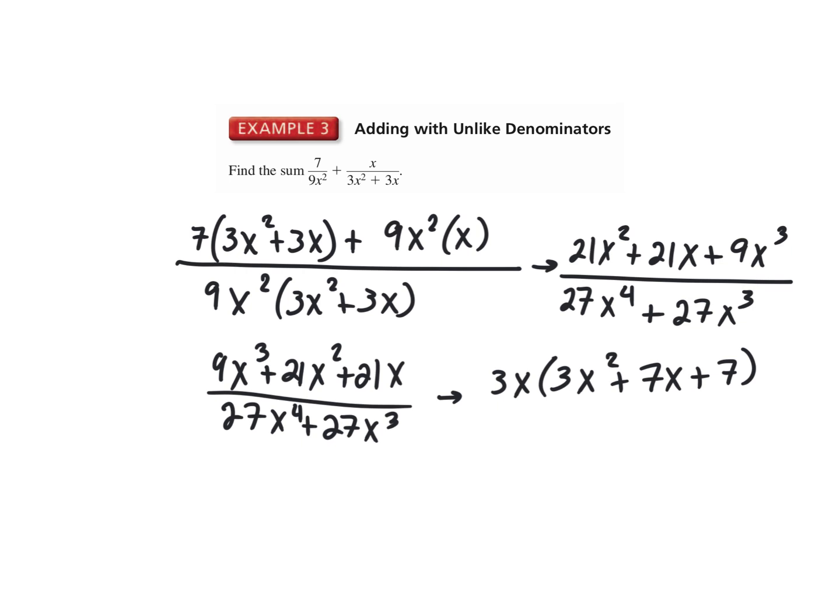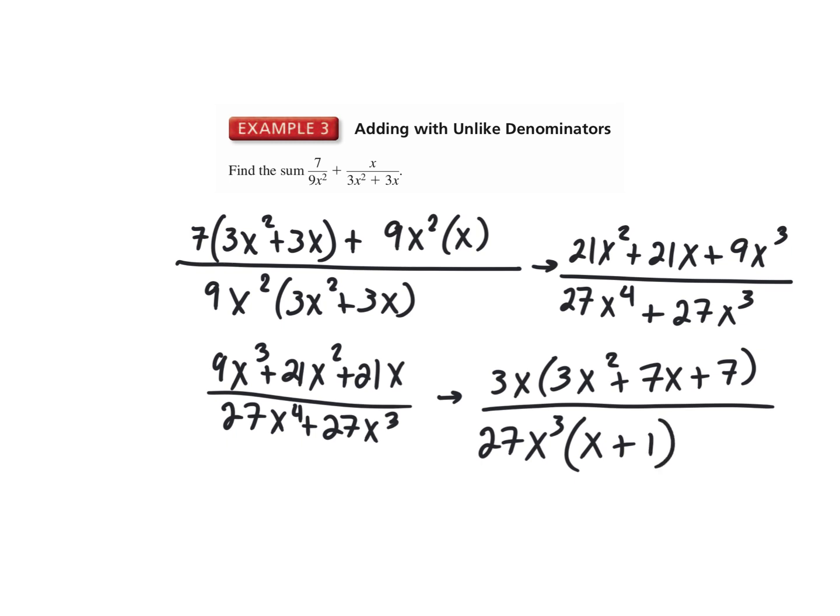Now, the 3x squared plus 7x plus 7 is a prime polynomial, so I'm just going to leave it the way it is for now and go ahead and do the denominator. Taking the greatest common factor of 27x cubed, I'm left with x plus 1 at the bottom.